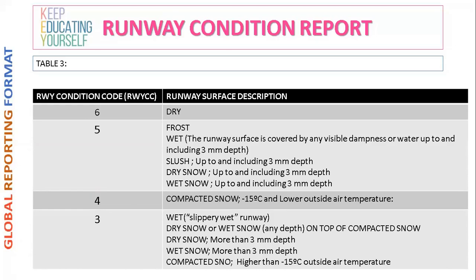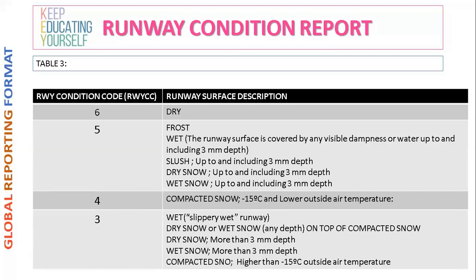If it is frost, wet, but wet includes up to 3 mm depth. Slush also includes up to 3 mm of depth. Dry snow and wet snow, up to 3 mm of depth. So these are under runway condition code 5. Why have I mentioned up to 3 mm of depth?